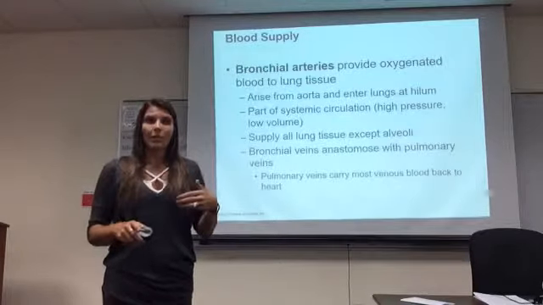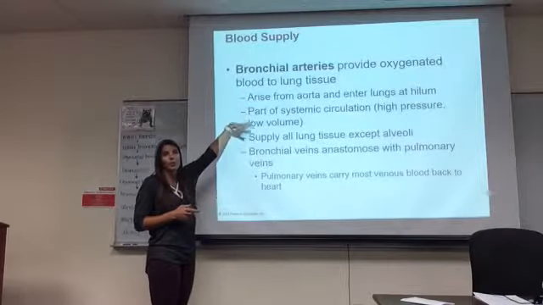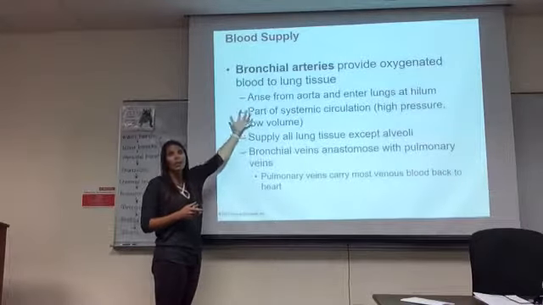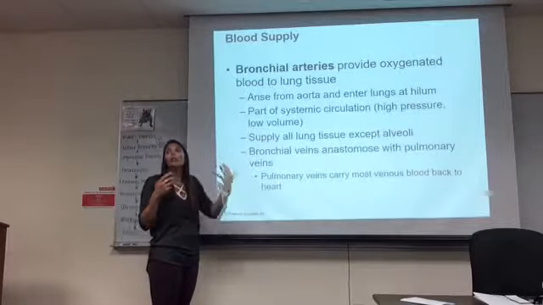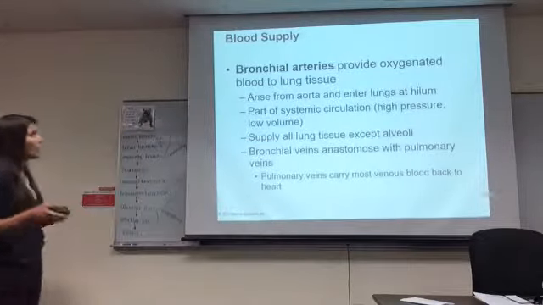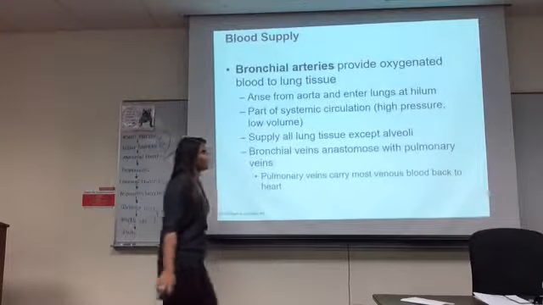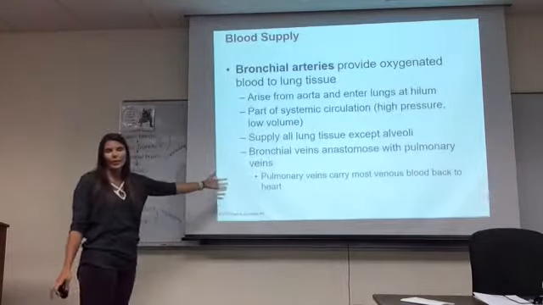So they're a part of the systemic circulation. The bronchial arteries are the arteries responsible for getting blood to the lungs, to actually serve the lung tissue. It mentions here that they branch from the aorta. And of course, the pulmonary veins are going to take blood back to the heart from the lungs. Not being processed through it, but serving it.